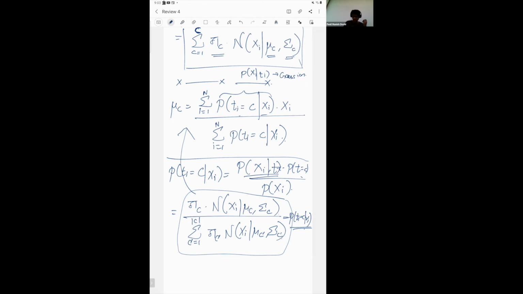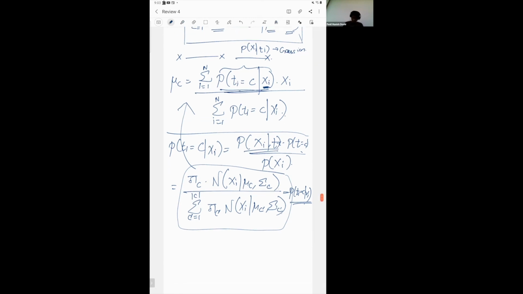So this tells us, now I have my data point xi, what is the probability that it came from my Cth latent variable, a latent variable that took its value as C. This is basically the weight that the data point is contributing for determining the Cth Gaussian.